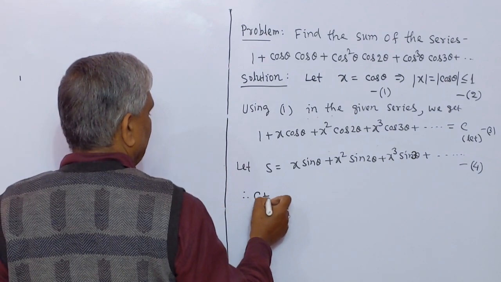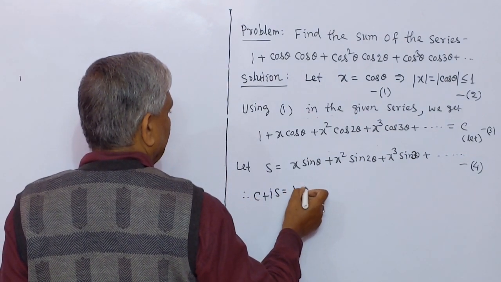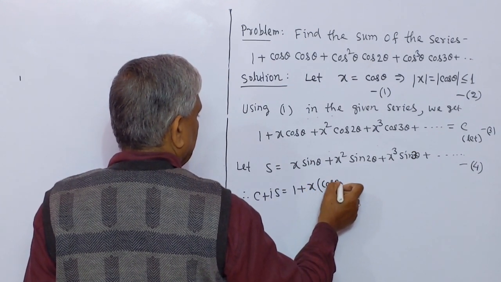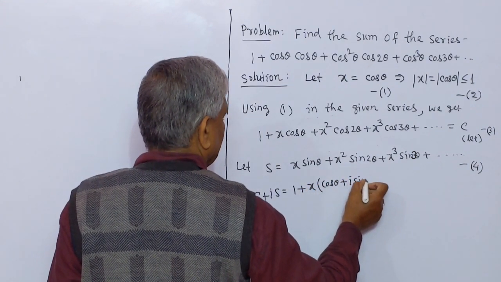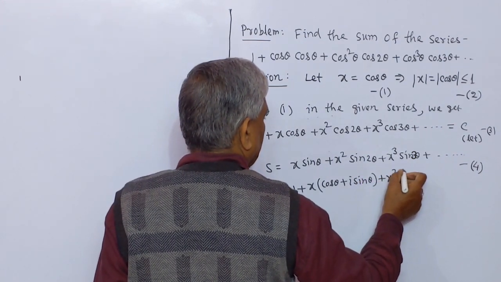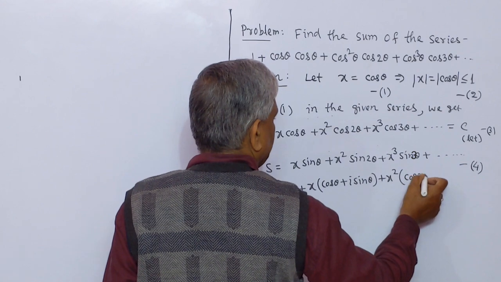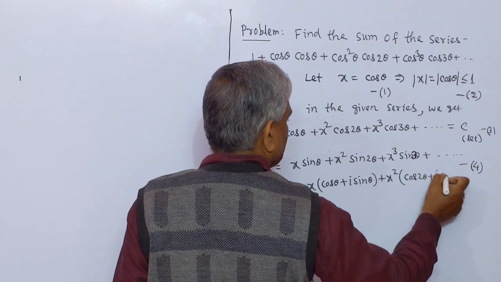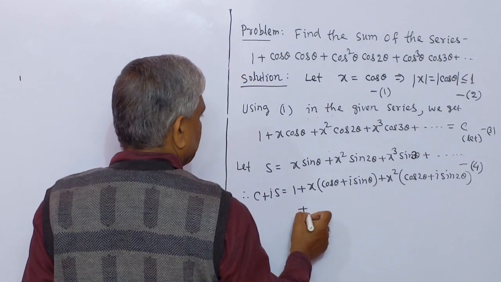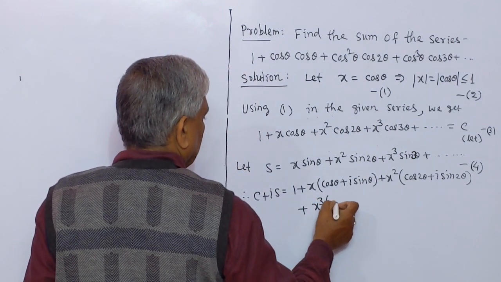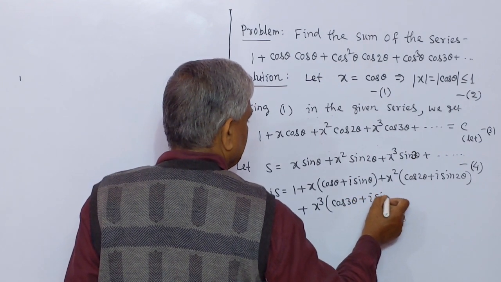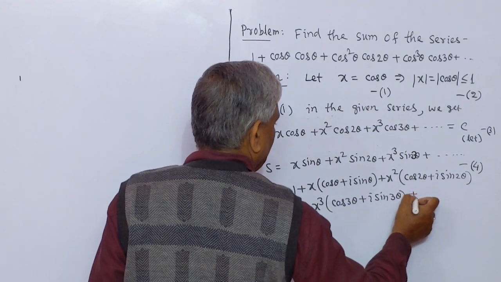Therefore, C plus iS equal to 1 plus x times cos theta plus i sin theta, plus x square times cos 2 theta plus i sin 2 theta, plus x cube times cos 3 theta plus i sin 3 theta, plus dot dot dot.